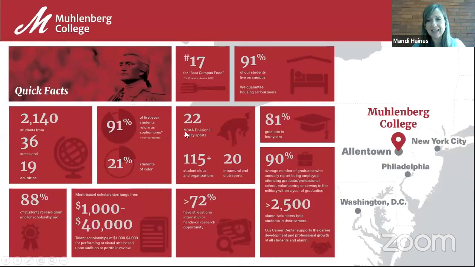There we go. Okay, so this will give you just a quick glimpse of Muhlenberg College. There's a lot to tell, but I'll condense it into a few minutes. Muhlenberg is a small liberal arts college, and you've probably heard the term liberal arts already.